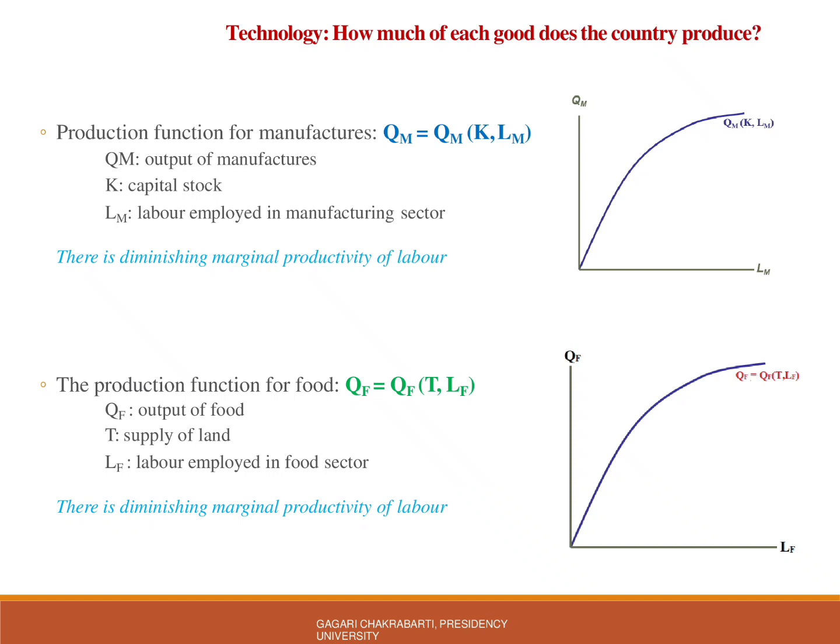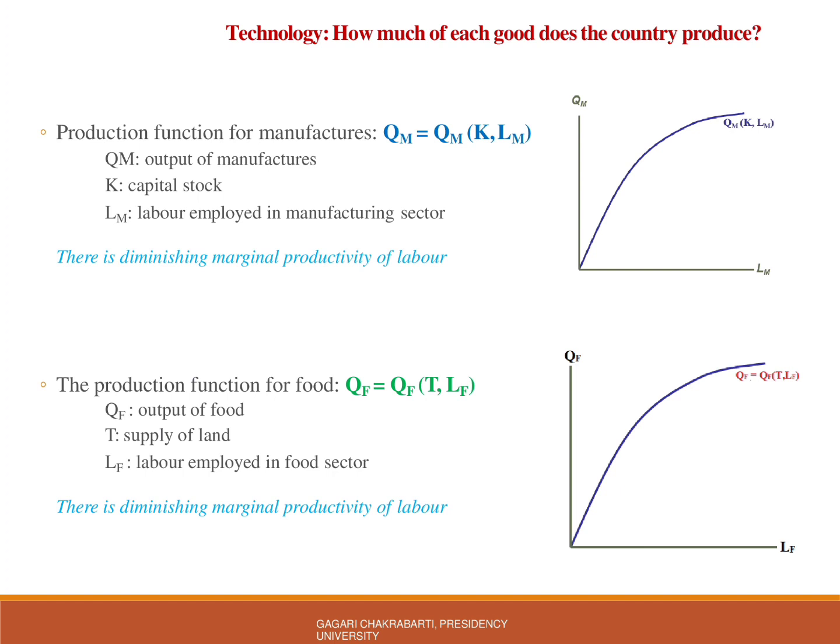In the first diagram on the right-hand side, we plot the total product curve of the manufacturing sector. As LM, the employment of labor in the manufacturing sector, increases, the total product will increase, but there is diminishing marginal productivity of labor.